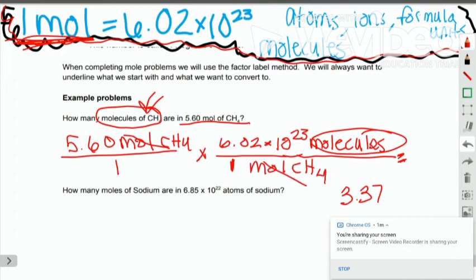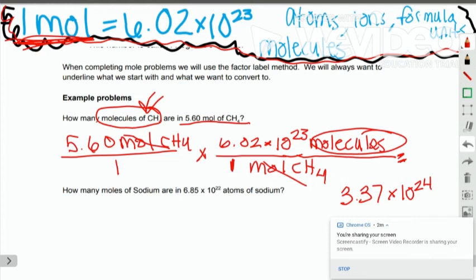You get a number of 3.3712 times 10 to the 24th. I'm going to round it to the hundredths place as what we were doing. We're not going to worry about sig figs. So our answer is going to be 3.37 times 10 to the 24th.